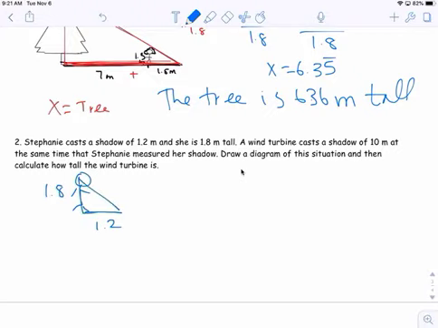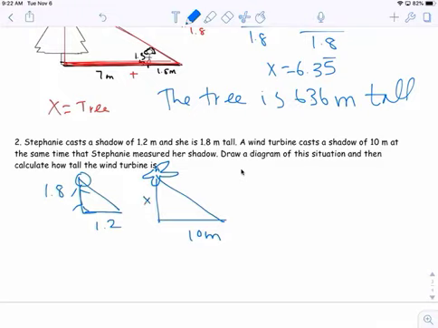A wind turbine casts a shadow of 10 meters at the same time. So here's a wind turbine. At the same time, Stephanie measures her shadow. Draw a diagram, and then calculate how tall the wind turbine is.